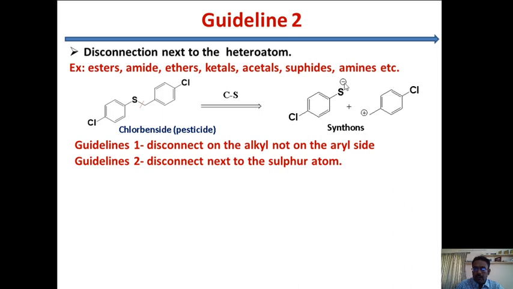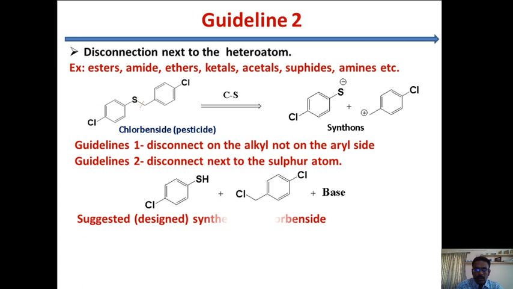Whenever you have a nucleophile, you have to think about treating the corresponding compound with a base, and you can easily generate the nucleophile. That you can have thiol. This thiophenol is a synthetic equivalent for this synthon, so you can easily arrive at the synthetic equivalent.